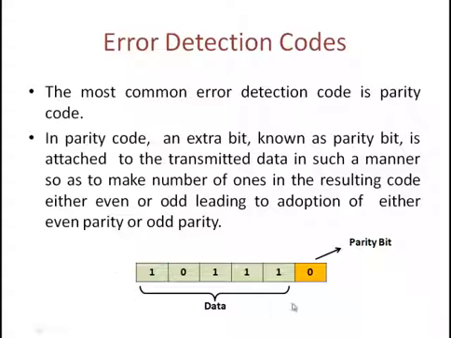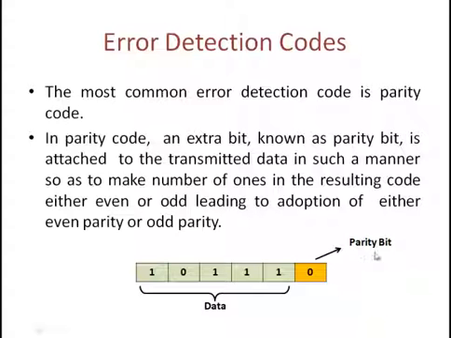Like here, this is the data which is to be transmitted, and this is the parity bit which is attached to this data. This parity bit is attached in such a manner so as to have the number of ones in the resulting code either even or odd, leading to either even parity or odd parity.